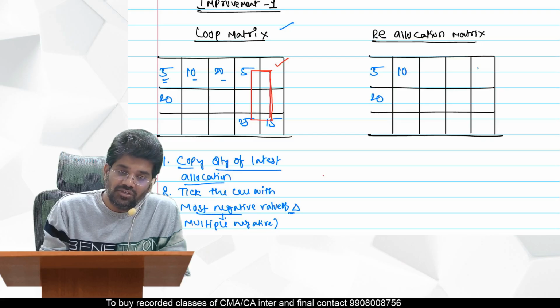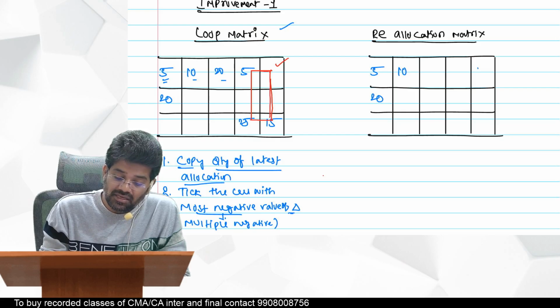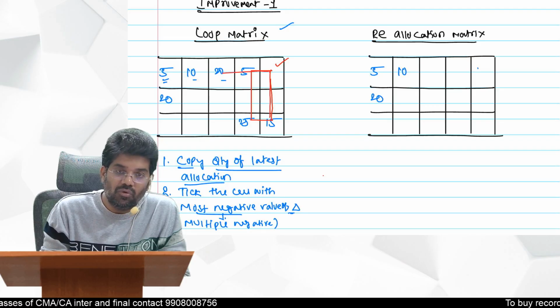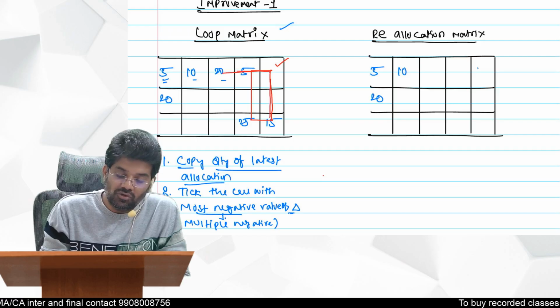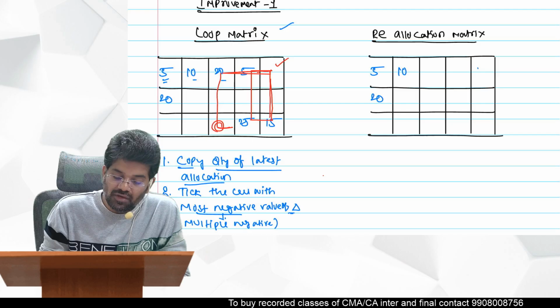Or you can also bypass this. Now see here, other possibilities I am checking. What if I go up to here? Yes, there is an allocation. We can go over this also, no problem. We can also go over this. There is an allocation here. You can turn right, no problem here. But the thing is, here to turn again, you don't have any allocation.